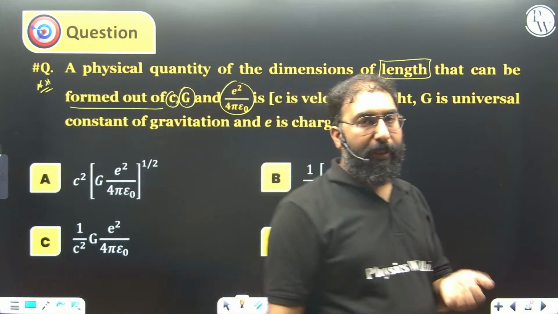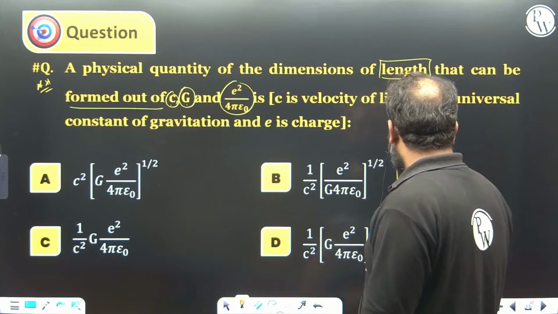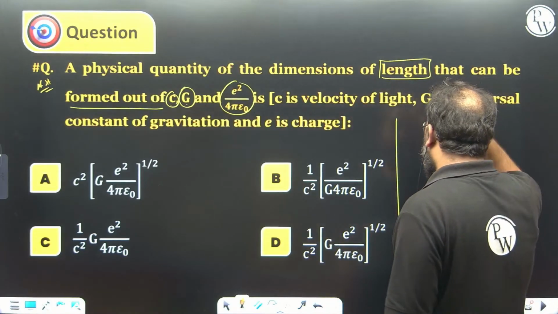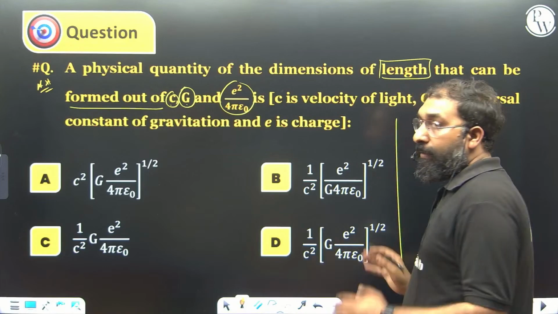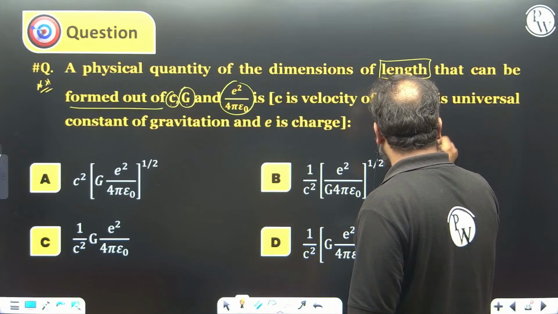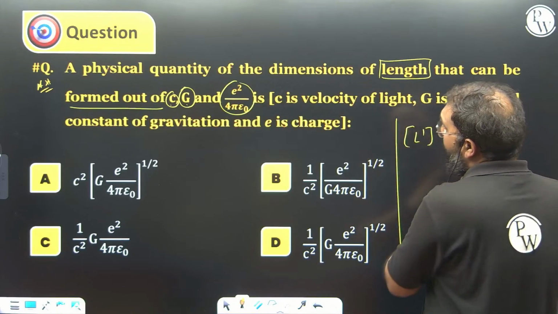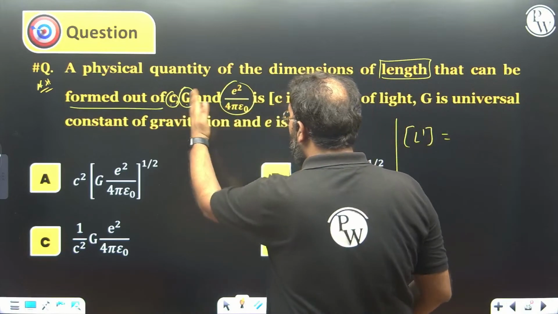So what should be the correct approach here? I'll tell you, and you can try doing it. You understand that the given physical quantity is having the dimension of length. So on the left hand side, I'll be writing the dimension of length, that is L1. On the right hand side, this physical quantity has been represented in terms of C, G and this thing.